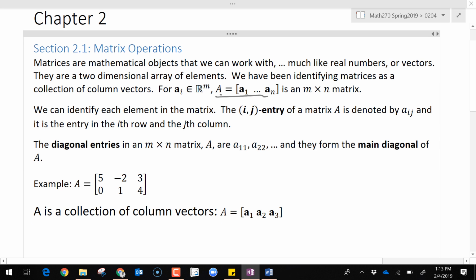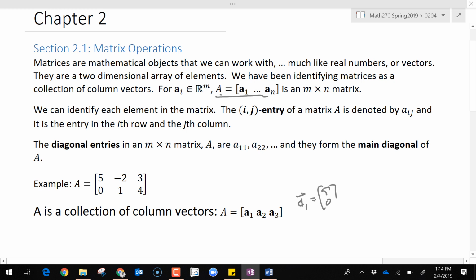And then we can find values for A1, A2, and A3. So what's A1? Right? And A2 would be -2, 1, and A3 would be 3, 4.